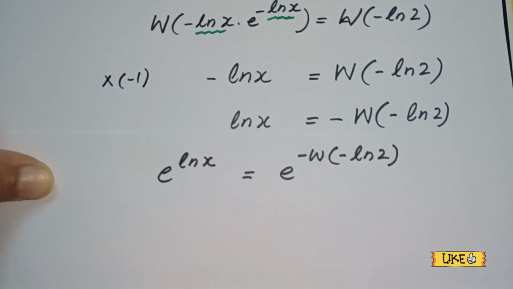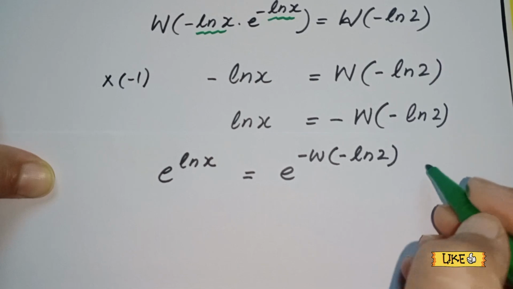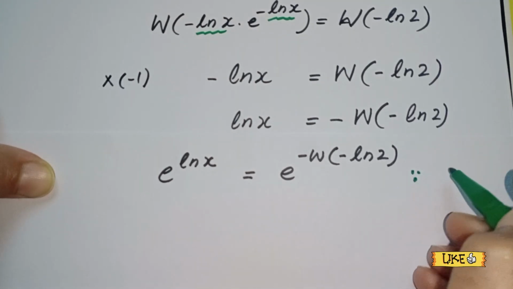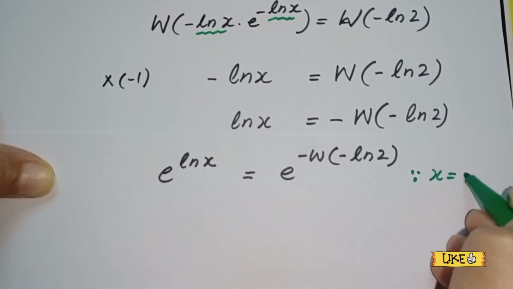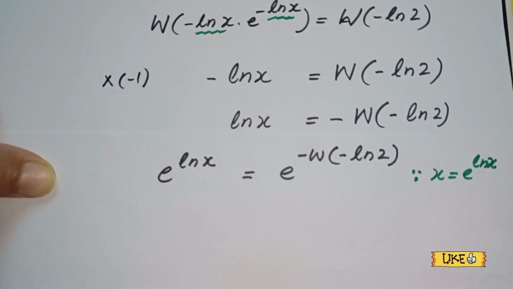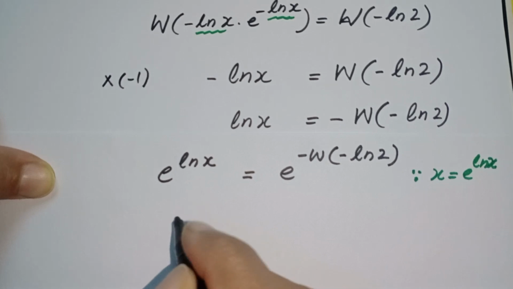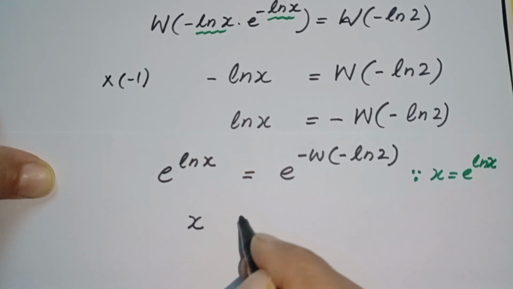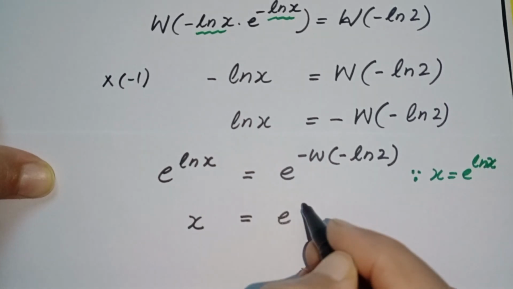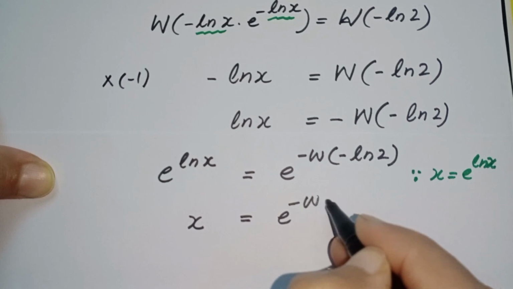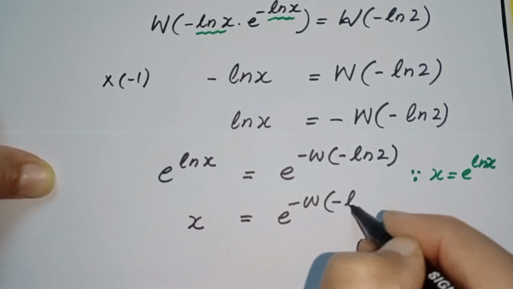Here we know that we have used this property previously: x is equal to e to the power natural log x. So we will plug in the value of e to the power ln x, that is x is equal to e to the power minus Lambert W function of minus natural log 2.